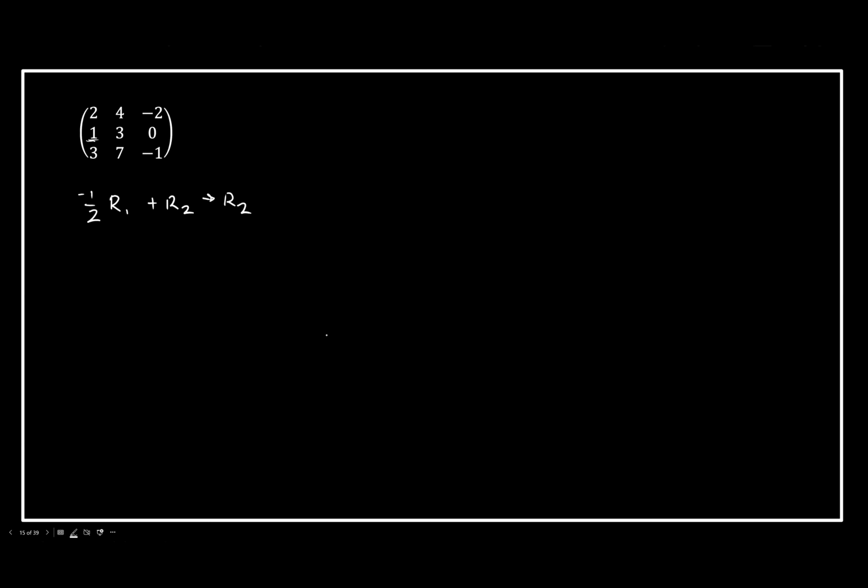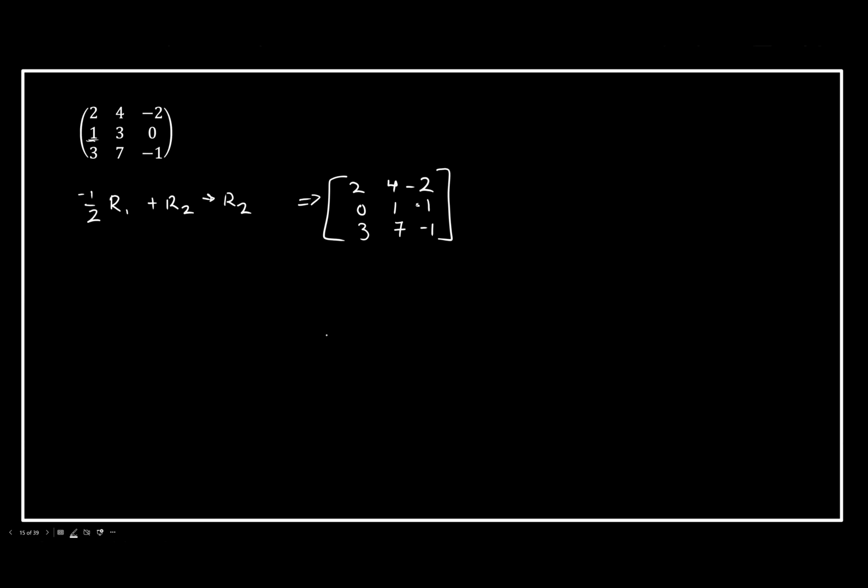If we do that, that'll give us a matrix that looks like this: 2, 4, 2, 0, 1, 1, 3, 7, and negative 1. Right? So we take half of 2, we add it to the second row, and so we'll get 3 minus 2, and then we'll get 0 minus. Right? Is that the result?